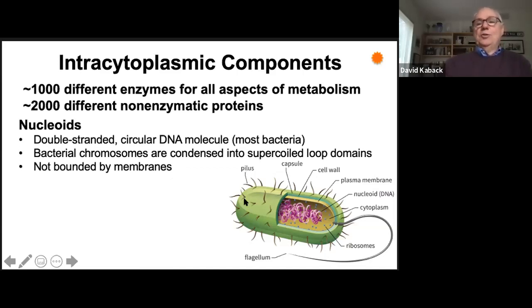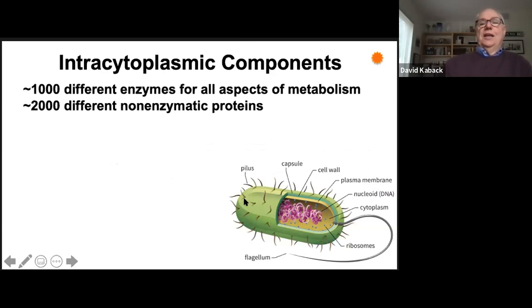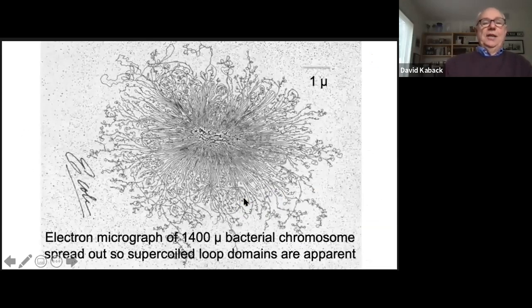If we were to lyse a bacteria on an electron microscope grid, we would see that bacterial genome come out like this in what we refer to as supercoiled loop domains. So here's our bacterial genome, the E. coli genome. It's about 1,400 microns, that's 1.4 millimeters of DNA, compactly jammed into that nucleoid.